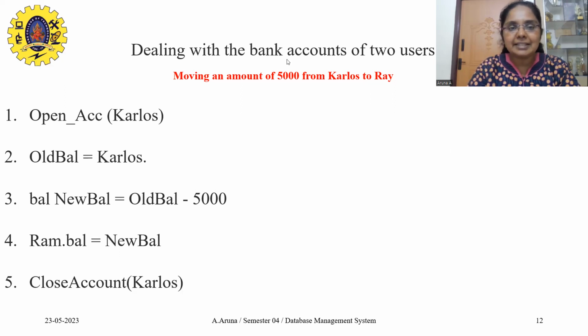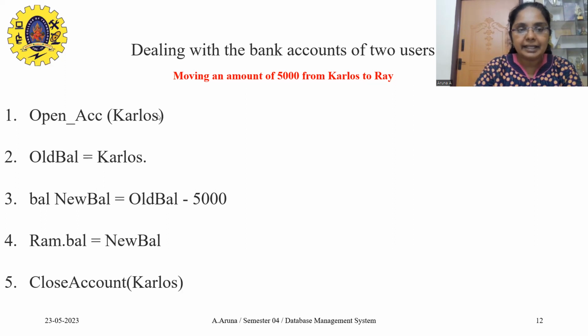Now we're going to see how a bank account is handled between two users. For example, there are two persons, one is Carol and another one is Roy. I'm going to explain how the amount 5,000 can be transmitted from Carol's account to Roy's account. These are the various operations that take place while dealing with the bank account. First we open Carol's account, and after opening the account, it checks the old balance.